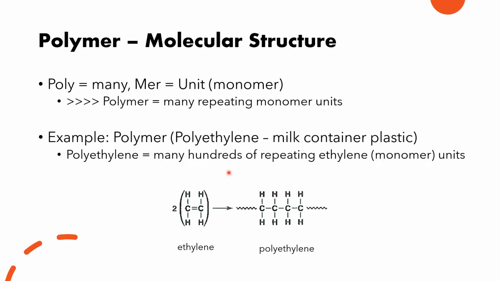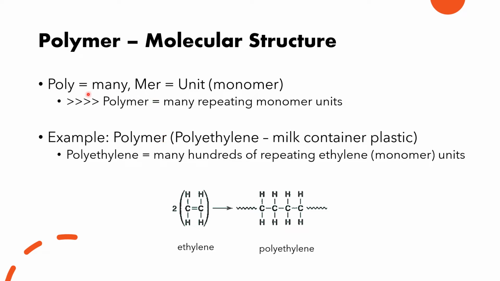So plastics are synthetic polymers, and you have to know what polymer means. Polymer is just a molecular structure. Molecule means it is composed of a number of atoms, okay? Different atoms, sometimes the same atoms. It depends on what molecule you're dealing with.